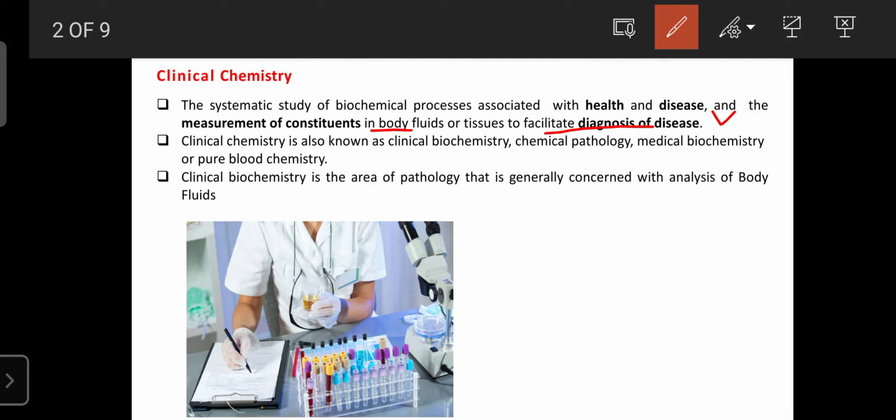For example, presently, mucormycosis, the black fungal infection. Mucormycosis is diagnosed when the particular tissue is subjected to pathology study. Only then do they confirm whether it is a fungal infection, a black fungal infection, or any other.